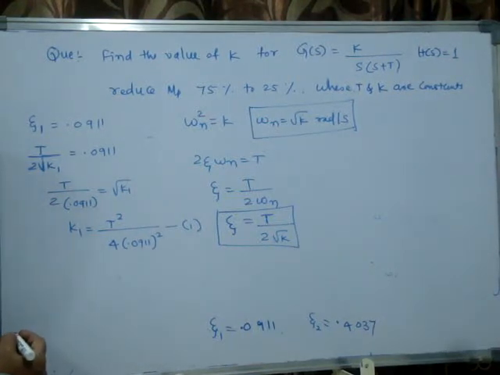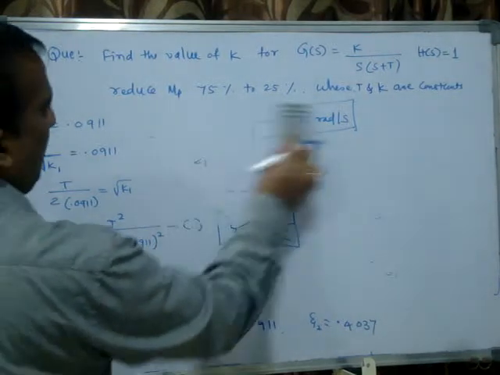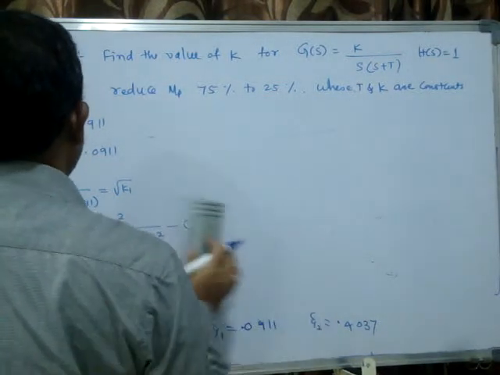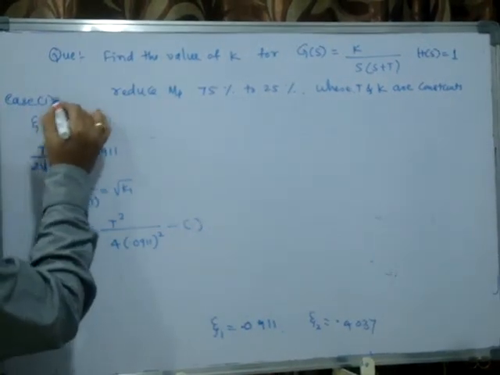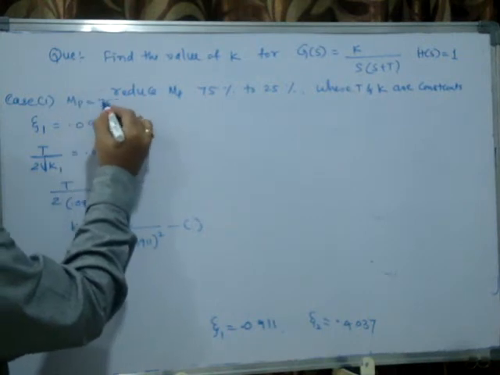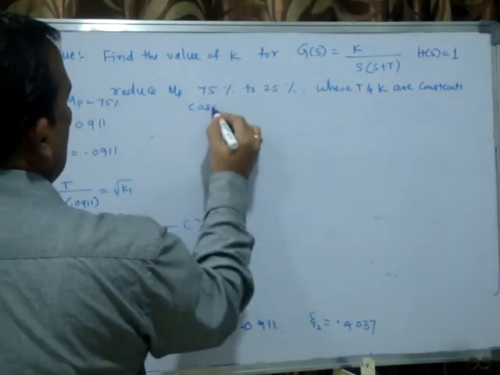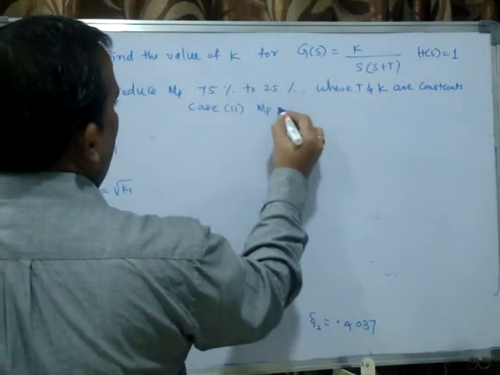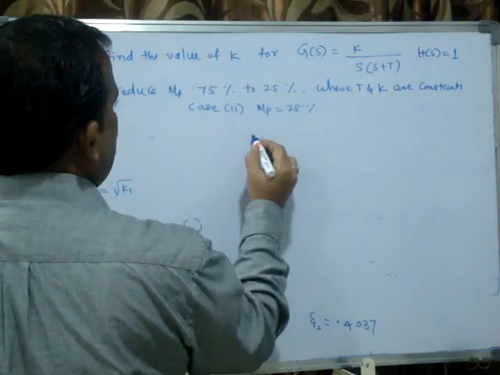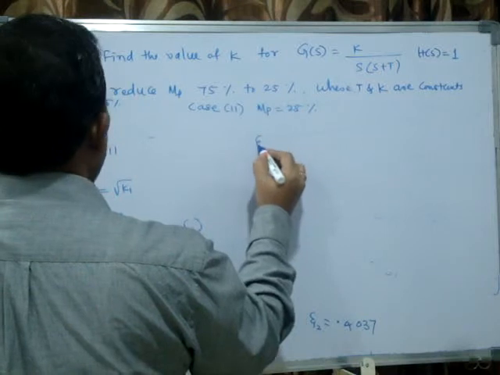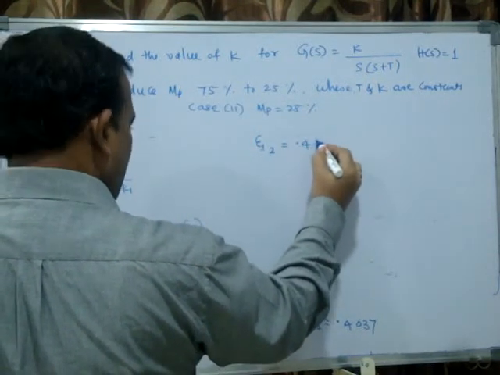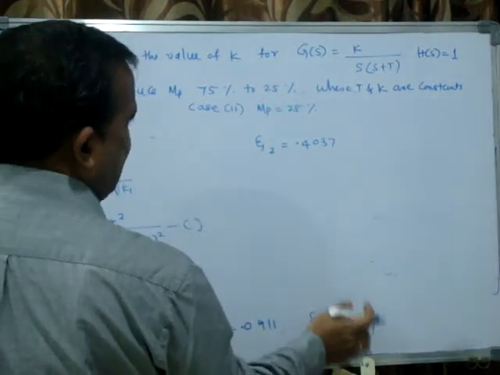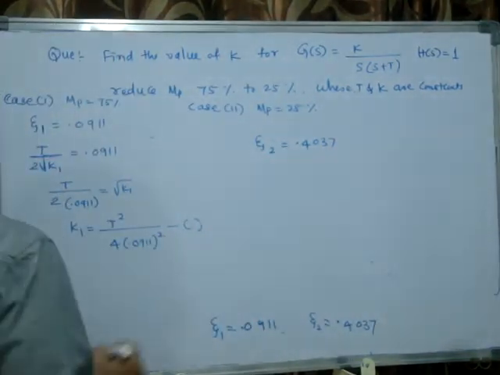Now I'll consider case 2. This is case 1. The case 1 is MP equal to 75%. Case 2, MP equal to 25%. In this case, once again, zeta 2 equal to 0.4037.